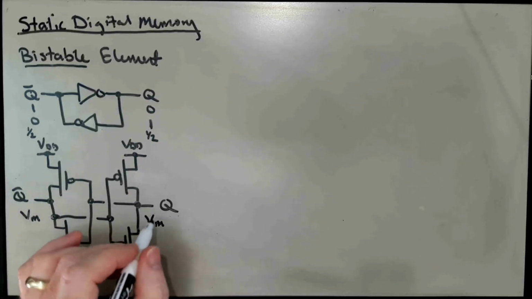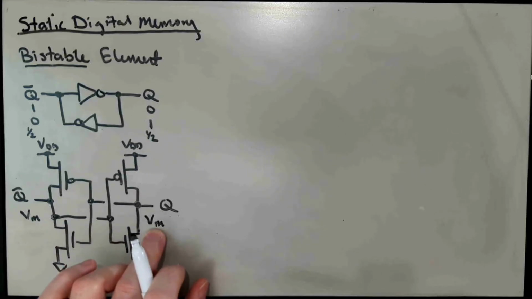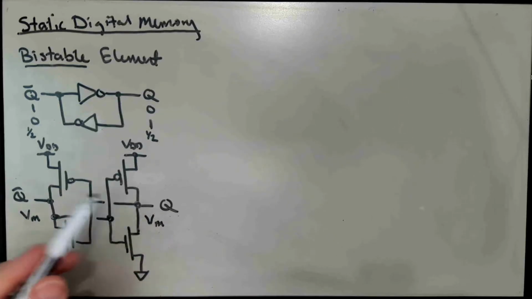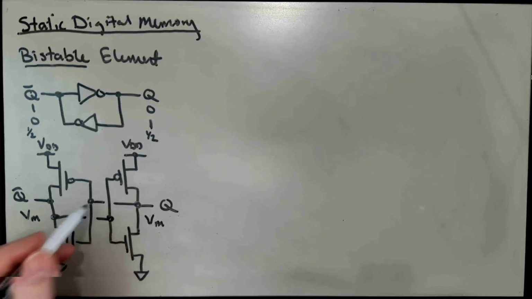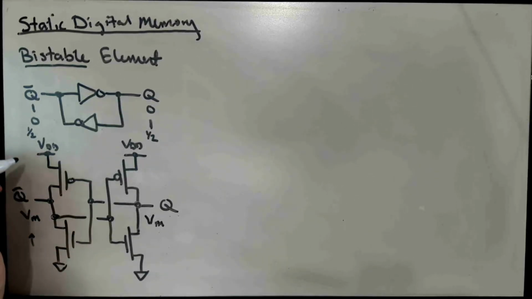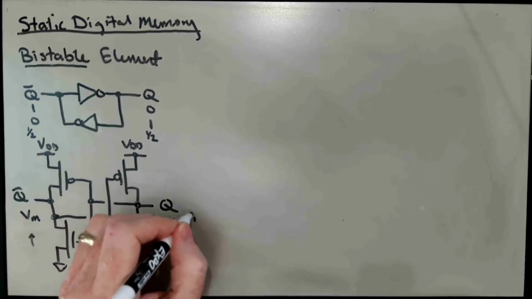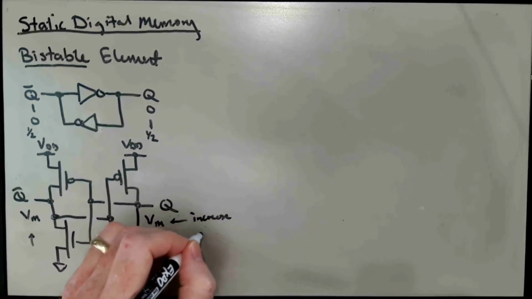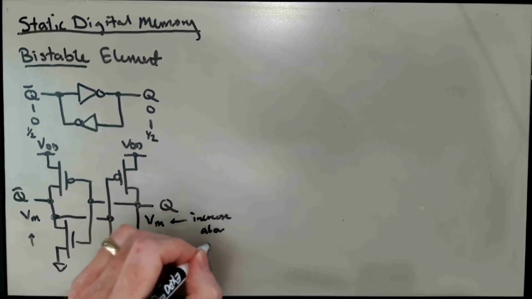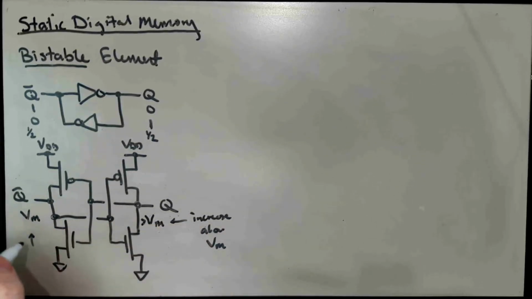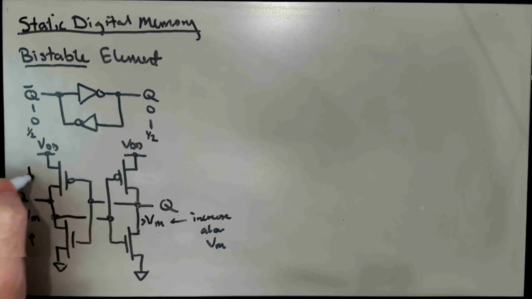Let's suppose that we increase this node above VM. That's going to turn this transistor up a little bit. It's going to turn this current up and this current down.